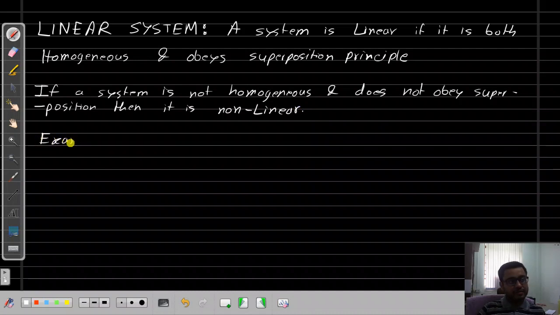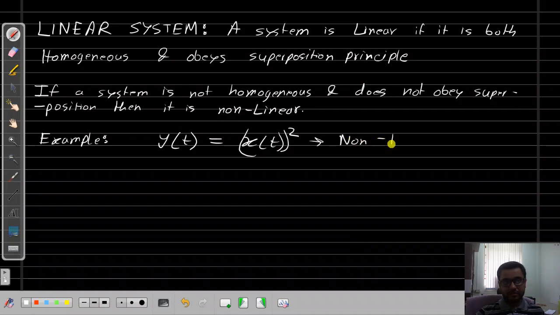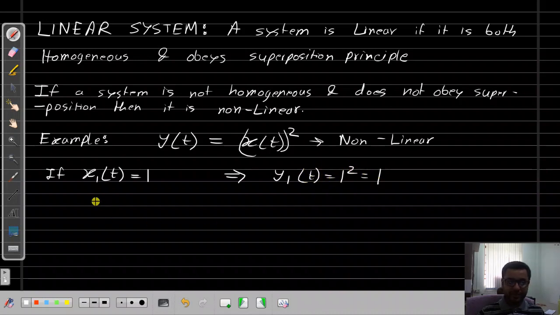Example: consider a system whose output is given as the square of the input. Now this is not linear, non-linear. Why? Because if you give an input, say which is constant equal to 1, then the corresponding output will be 1 squared, equal to 1.